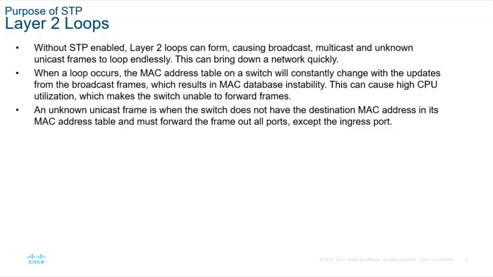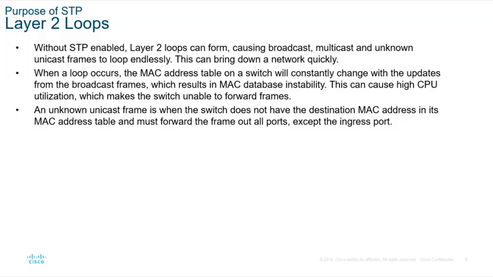So every time a frame comes, it will just flood it out to the other connected devices, which creates an opportunity for bad actors to gain access and start collecting information on how to attack the network.